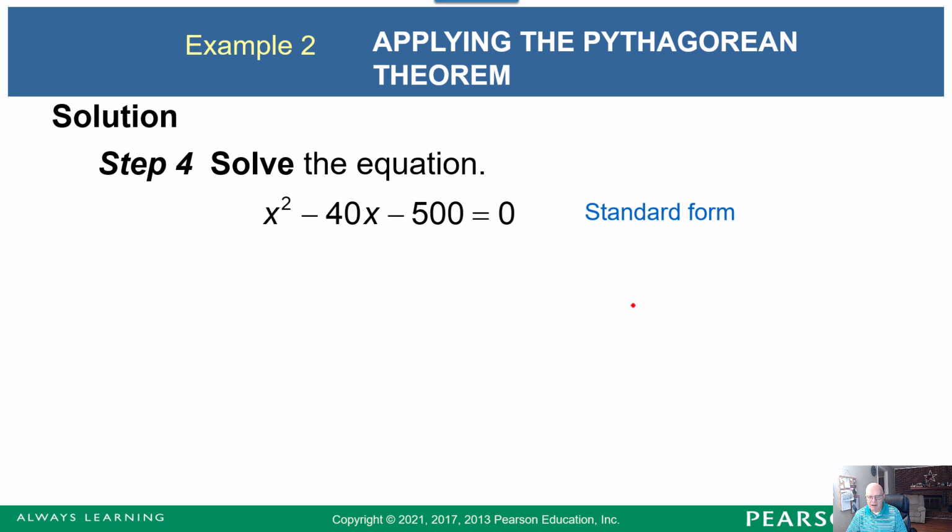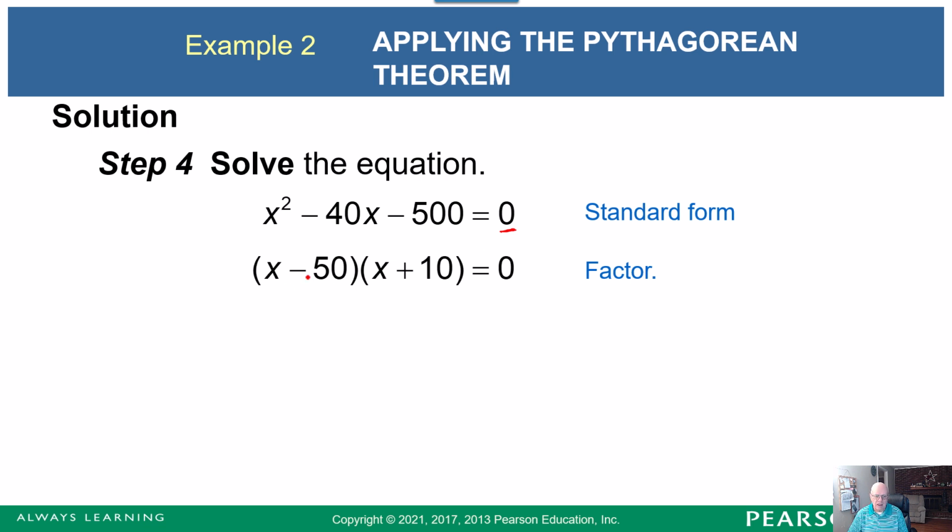Get everything on one side, because we have to have that 0. Put it in standard form. Factor it if possible. If you have trouble factoring it, and you try for like 5 minutes and you're not getting anywhere, use the quadratic formula. It's longer, but it's a sure thing.